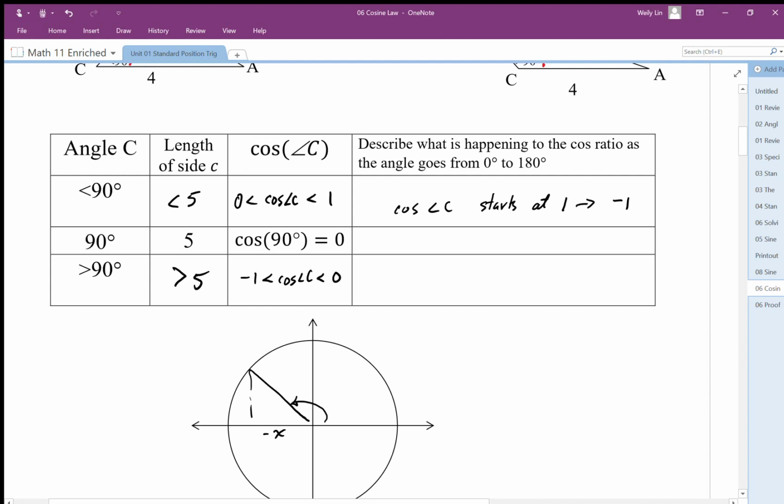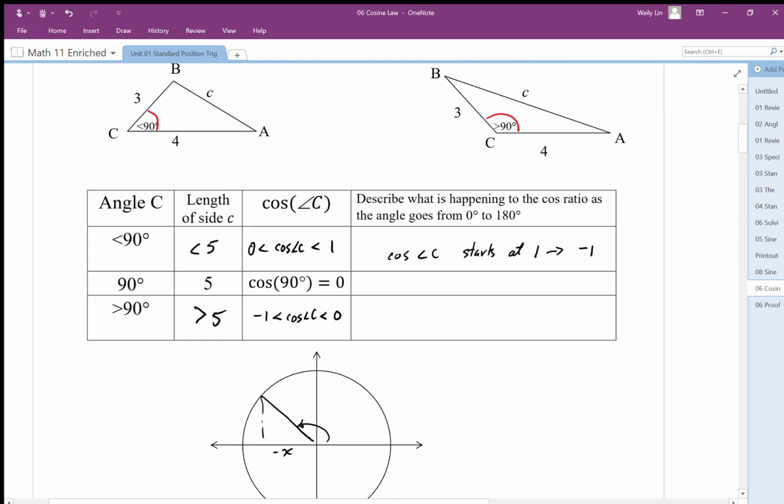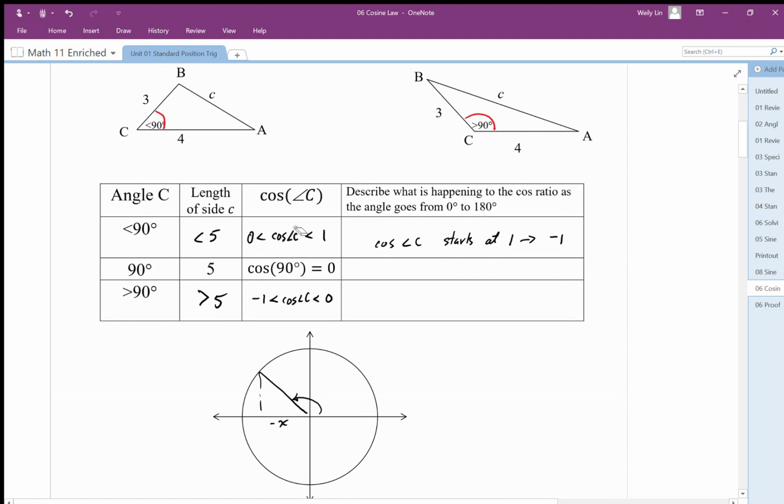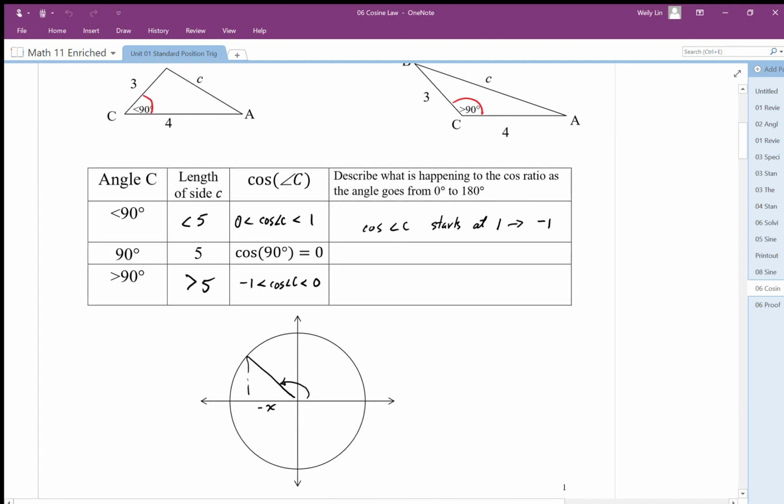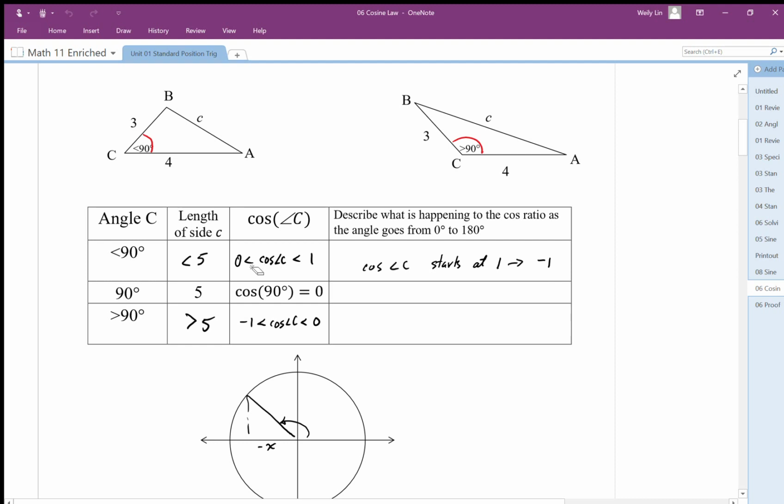So how can we relate the cosine of that angle to the length, when it is positive and we want C less than 5, and when it is negative and we want that length greater than 5? If we want to increase the length with a negative cosine, ideally we're going to have to subtract some cosine amount. If I subtract a positive, I'm going to shorten C. If I subtract a negative, I'm going to lengthen C.